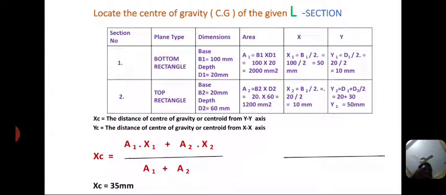Therefore xc equal to 35 mm. Similarly, yc equal to a1 y1 plus a2 y2 by a1 plus a2, and the answer is yc equal to 25 mm. So this is the final answer, where xc and yc are the centroid points.